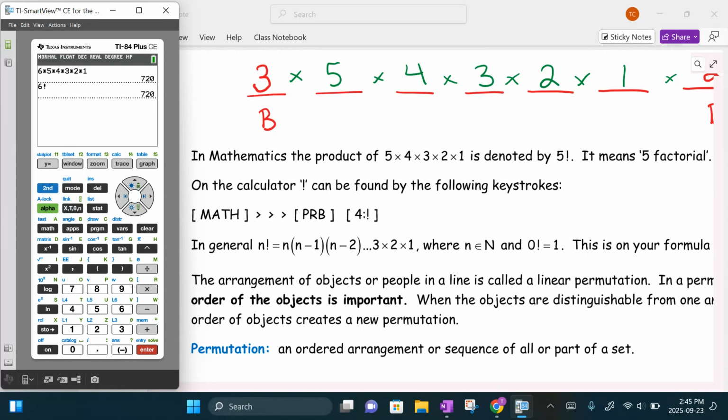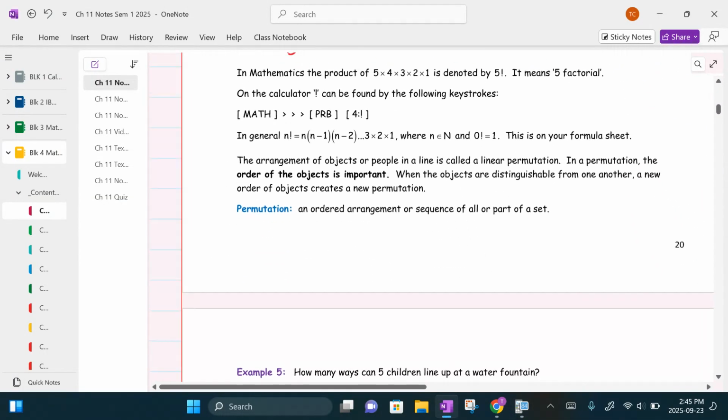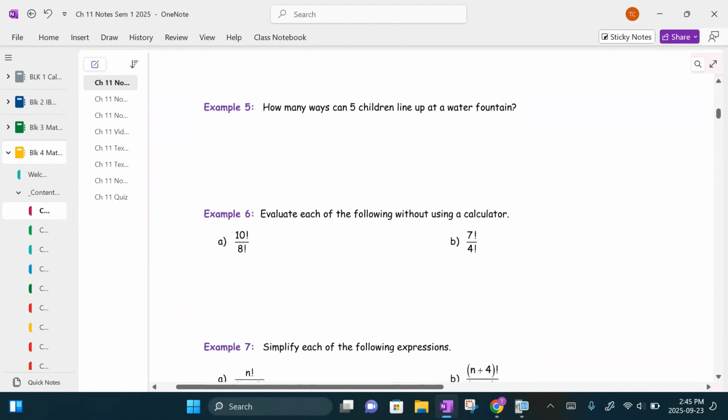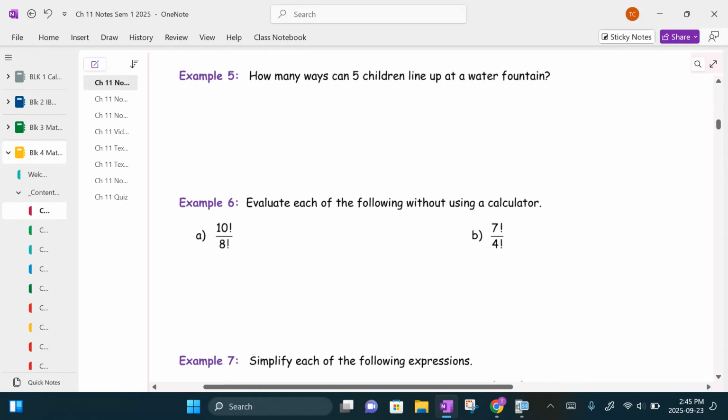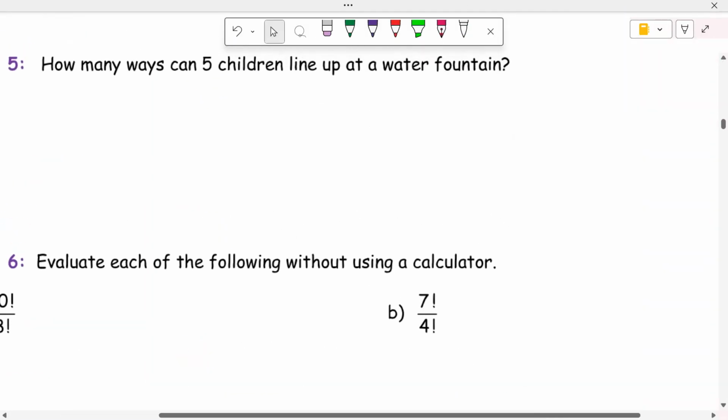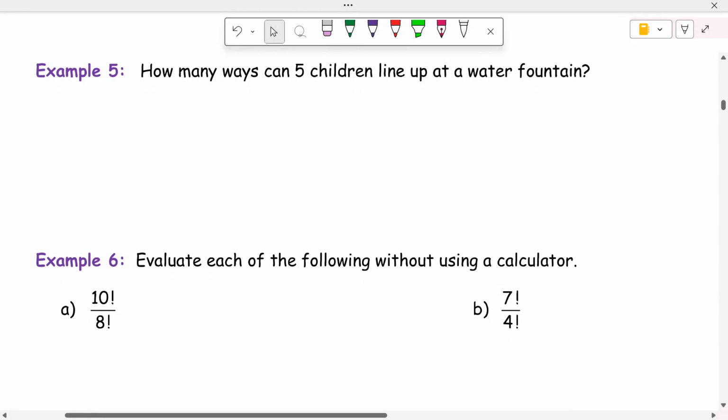So I put it here, but we'll talk more about it tomorrow, why 0 factorial equals 1. All right, so all I'm going to do is these last 2-3 examples just to show you a little bit of... well, after we do this, down here, it'll make a tiny bit more sense.